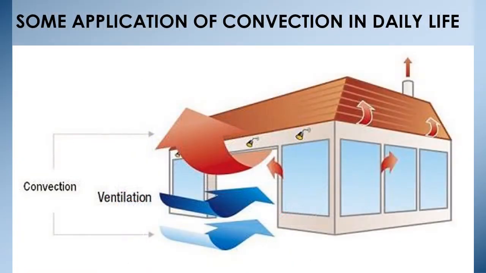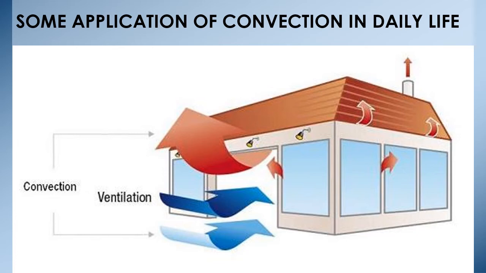Now, let us discuss some applications of convection in our daily life. Ventilators and windows are provided in the rooms for proper ventilation because when we breathe out in a room, air inside the room becomes warm and impure.